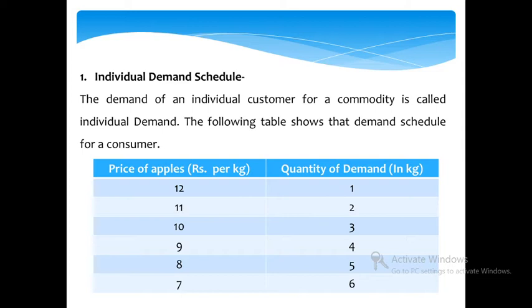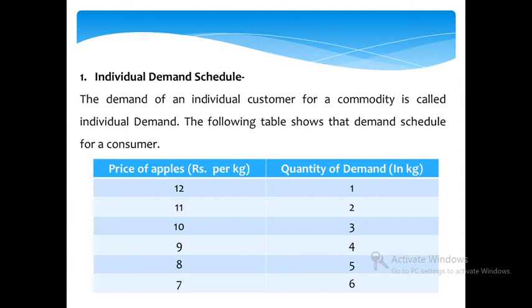First, the individual demand schedule. What is the individual demand schedule? The demand of an individual customer for a commodity is called the individual demand. The following table shows the demand schedule for a consumer. This table is divided in two parts. The first part is the price of apples in rupees per kg, and the other side is the quantity of demand in kg.